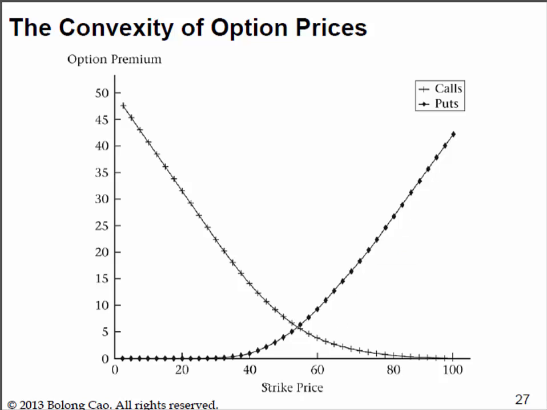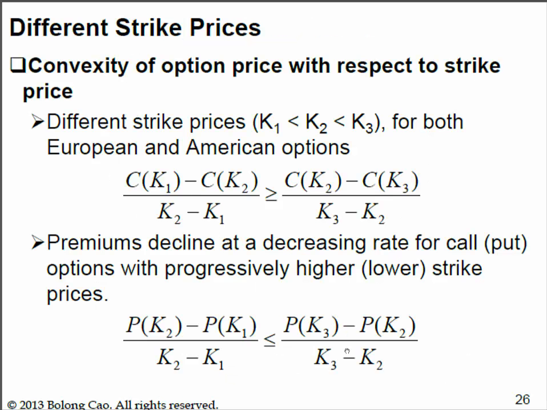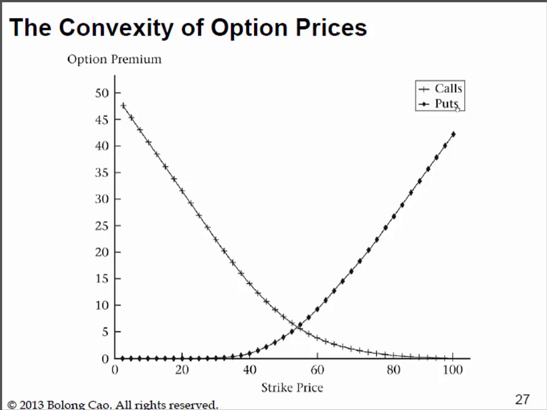In other words, if you have higher and higher strikes, the change in the put premium will become faster and faster. If the strike price in the put options becomes higher and higher, the premium increase will be at a faster rate. That's what gives you this positive slope in this convexity picture for the put option premium.